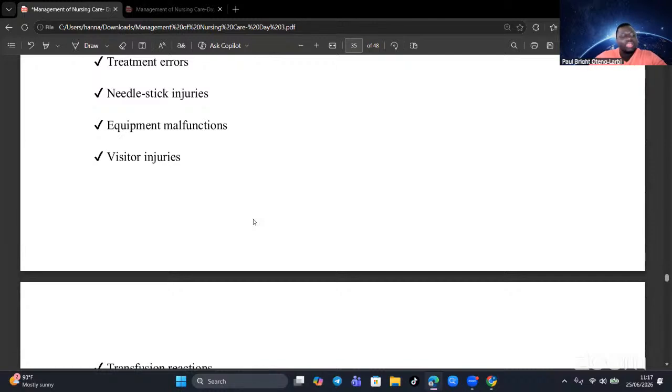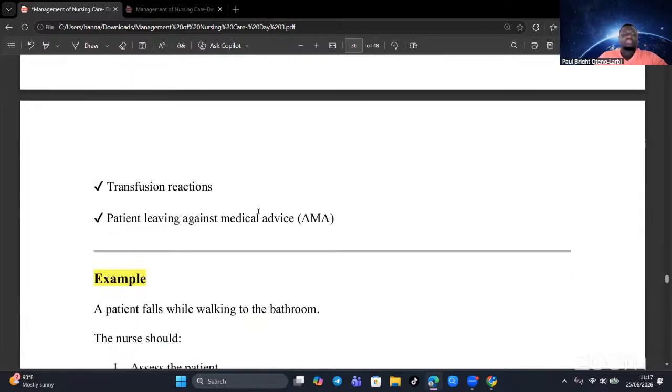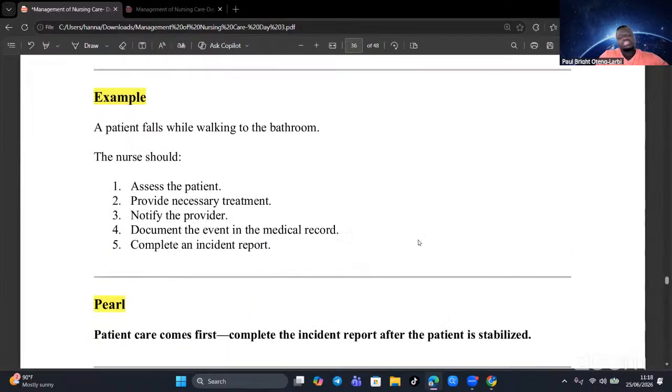An equipment is not working. There should be a report written on that. Okay. A patient visitor came to visit and there is an incident on the ward. It should be reported. Transfusion reactions. Then patient leaving AMA. Okay. An incident should be reported. So we have an example.